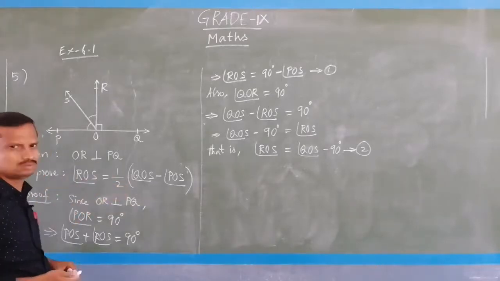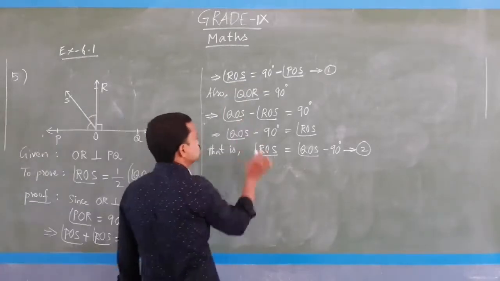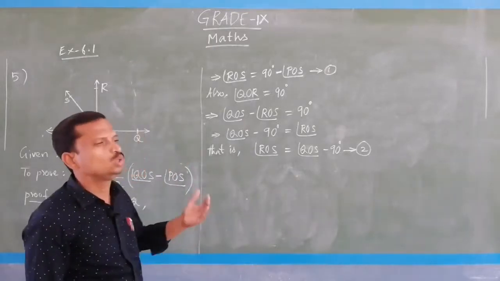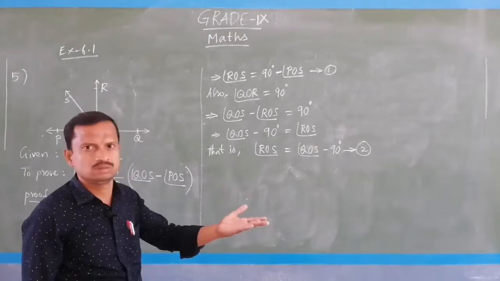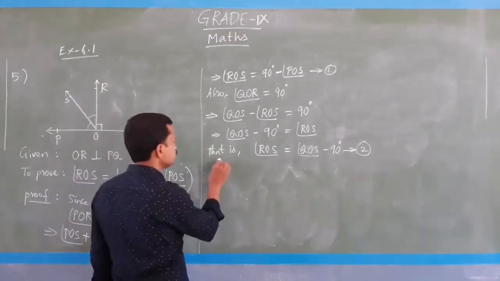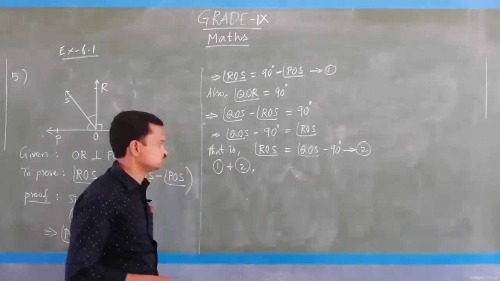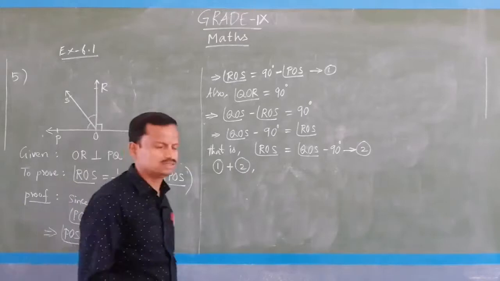So you have to add. If you add these 2, we get ROS plus ROS in the left side, then you get 2 ROS, like x plus x is 2x. Clear? So adding equations 1 and 2, left hand side plus left hand side equals right hand side plus right hand side.